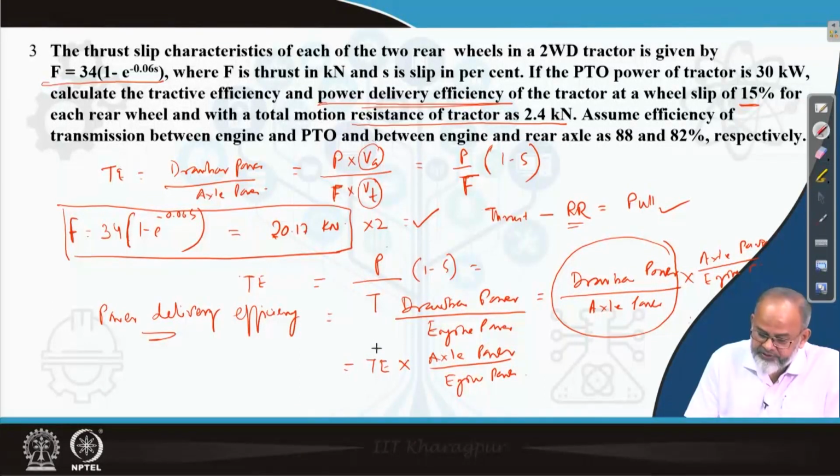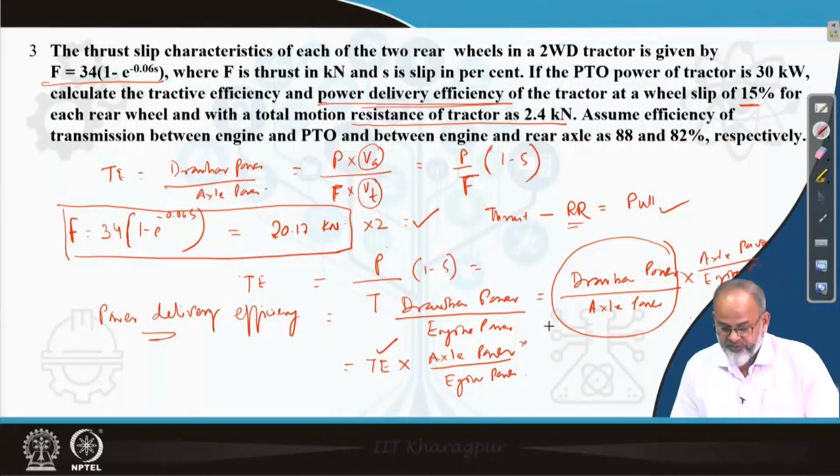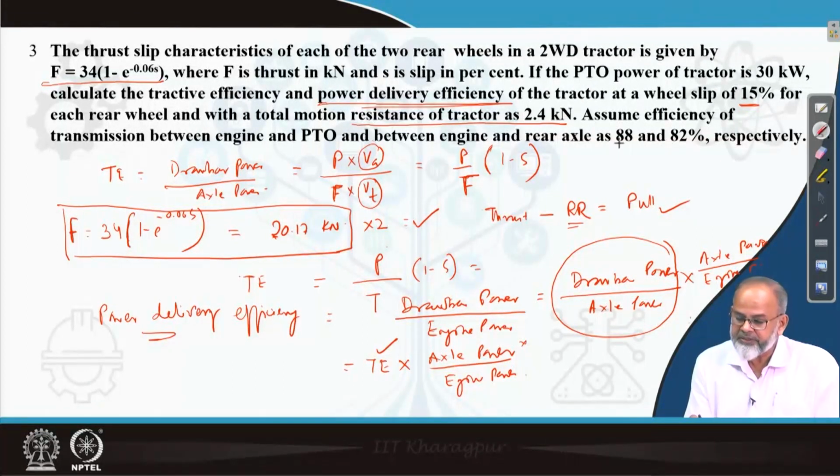Tractive efficiency you have calculated, axle power is not given, PTO power is given. So, PTO power to engine power is given as 0.88 and then axle power to engine power is given as 0.82.